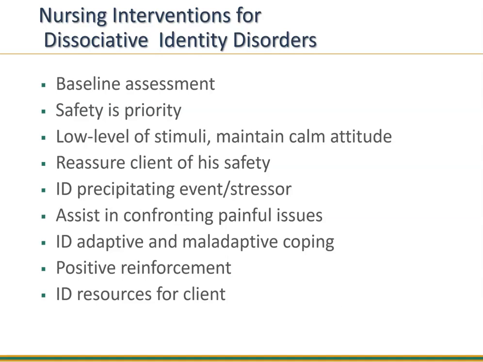You're also going to be assessing the function of the patient's illness, the physical feeling for them. Remember, we're trying to see what are they gaining from having memory loss. What are they gaining from having multiple personalities? What are they gaining from having depersonalization? You're going to identify times when the person is preoccupied with those physical symptoms.